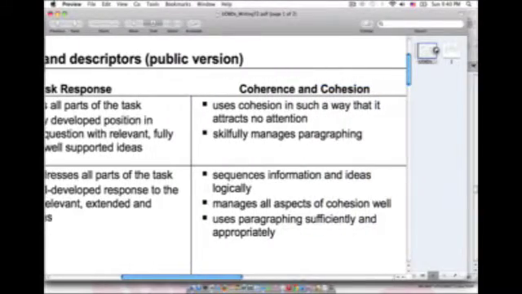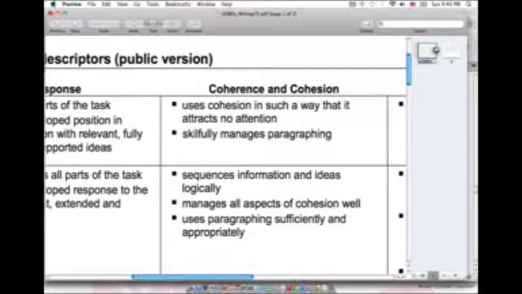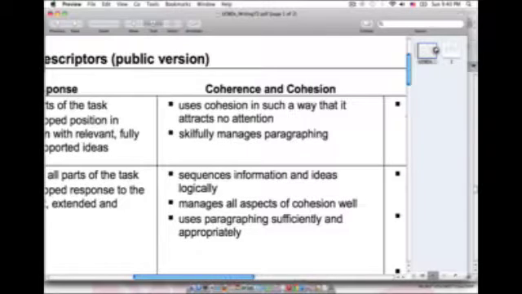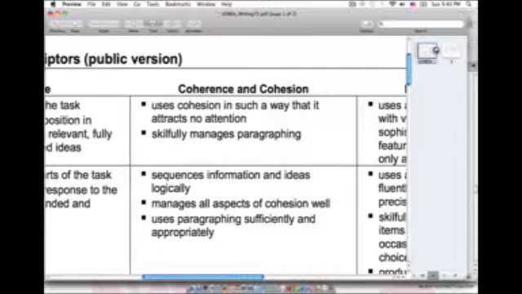Coherence and cohesion refer to the ability and ease with which the reader can comprehend what you have written and how well you have linked your various ideas together.